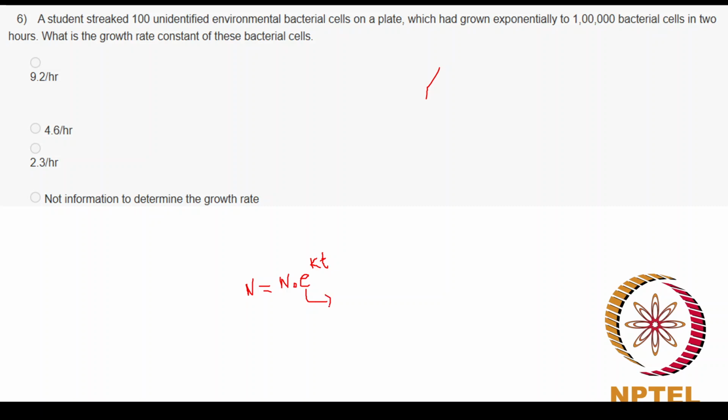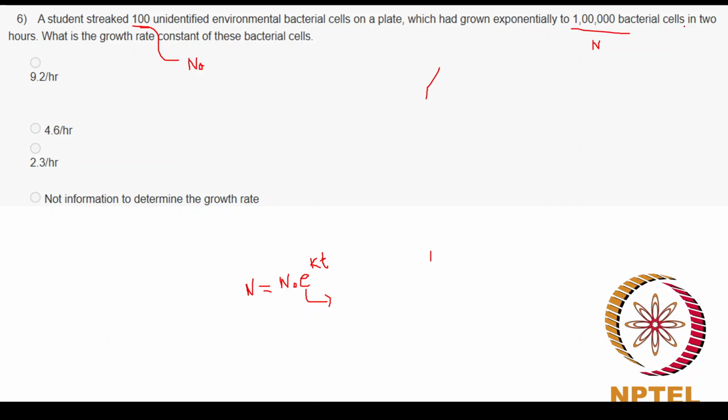So it undergoes binary fission. So putting the value of N, the 1 lakh bacteria will be the value of N. And what is the initial bacterial count? 100. So 100 will be N naught, that is the initial concentration of bacteria.